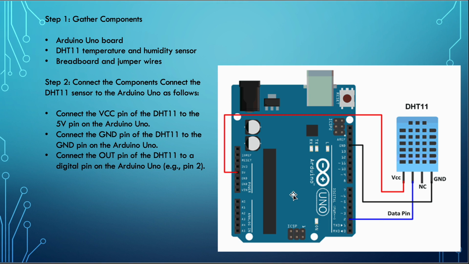considering a lot. So components together: Arduino Uno board, check. DHT11 temperature and humidity sensor, yes, we have that. Breadboard and jumper wires, yes. So again, breadboard and jumper wires.